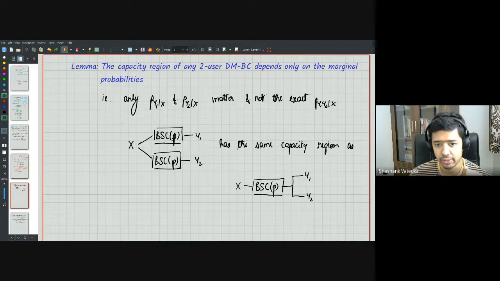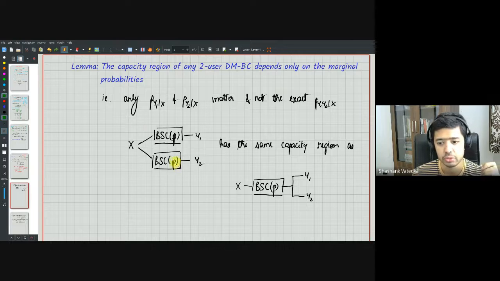How y1 and y2 are correlated among each other given a particular x does not really matter as long as we're only interested in evaluating the capacity region. The correlation could help in designing a better decoder or encoder and getting a slightly lower probability of error, but asymptotically, for large enough n, it does not matter at all.